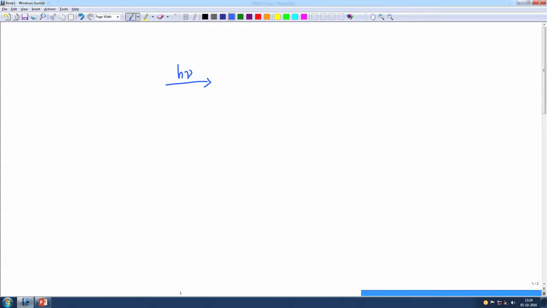I can show you a simple example. So, this is my incoming radiation corresponding to a particular frequency, that is h mu, and then after all this slit etc., and then other things, I have the sample compartment here.